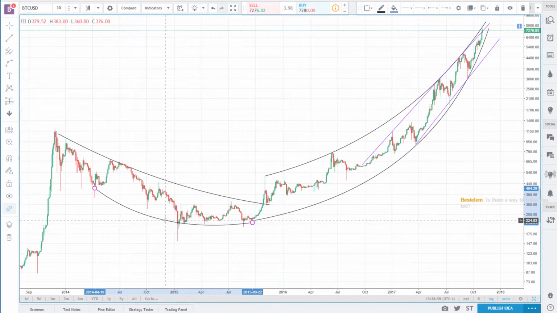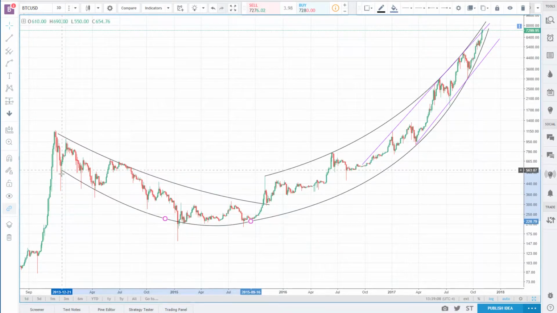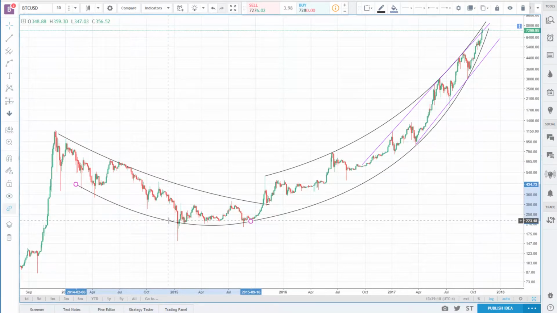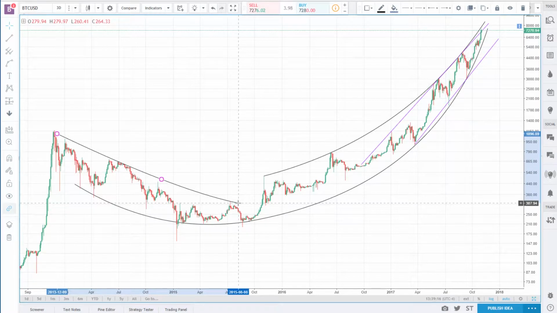So we see this nice continuation of this parabolic trend here. If you drew it up here, yeah, you see these outliers, but for the most part, the meat of the trend is pretty well contained within what you can call a parabolic envelope, or parabolic trend line, whatever you want to call it. But it's been really nicely contained within that trend line there.